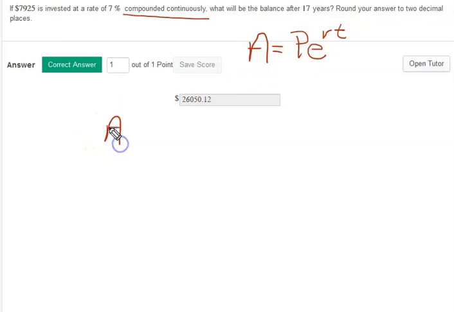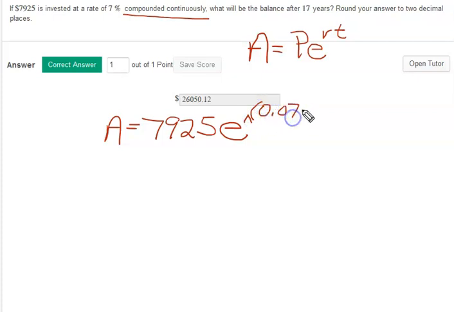So A equals the principal is 7925 times Euler's e, and the rate is 7%. We're going to put a caret in there. Now, some of your calculators already include the caret, so you have to know how to do it. So converting this to its decimal fraction times now 17 years.